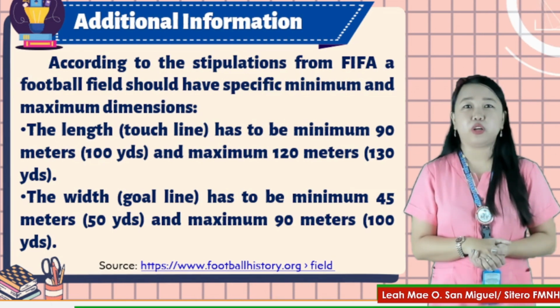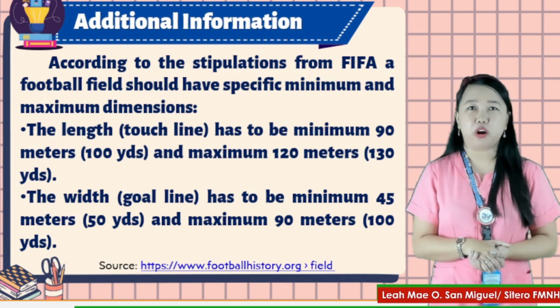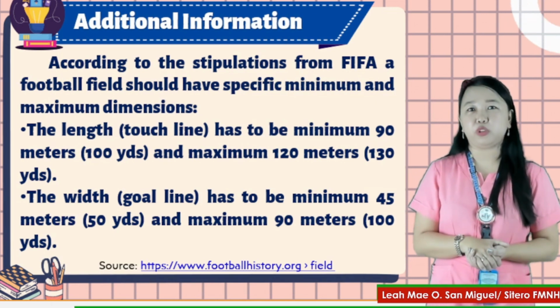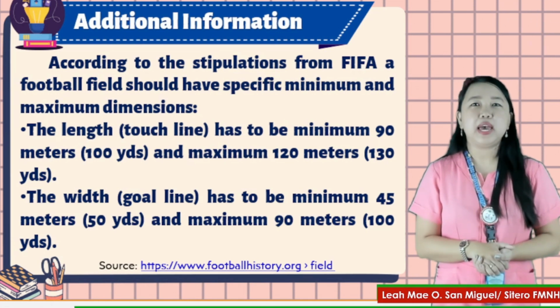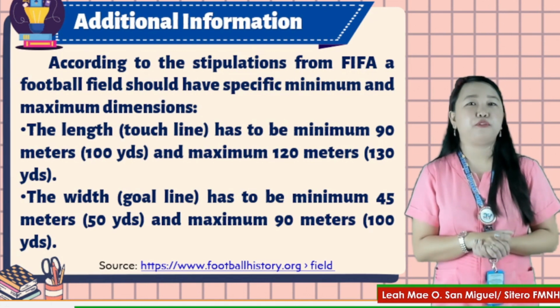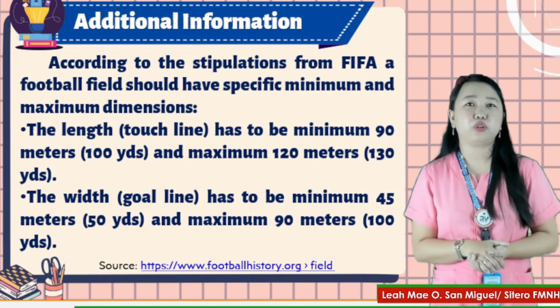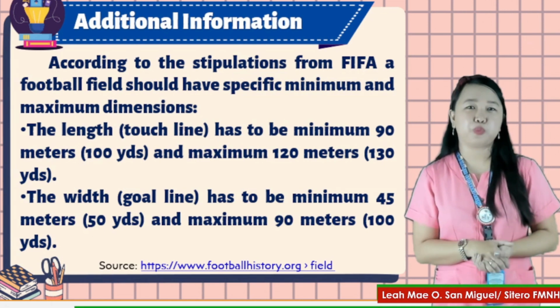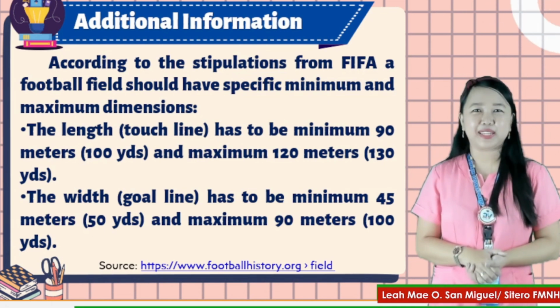The width or the goal line has to be minimum 45 meters or 50 yards and maximum 90 meters or 100 yards. Let's hope and pray that this pandemic will end soon so that we could go back to our normal lives and the future players will be able to experience playing in the turf of Diego and other sports arena. Are we good with the first example?